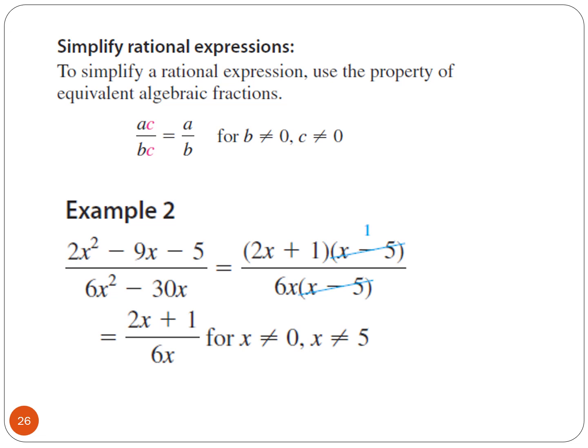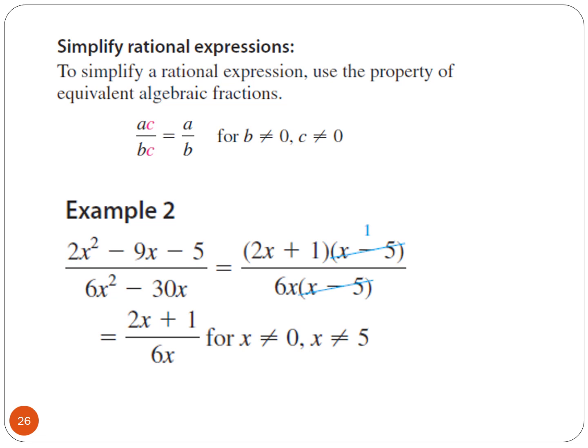After you simplify to get the equivalent form, those two restricted values remain restricted. 2x plus 1 divided by 6x is the equivalent form for the original expression. You still have x equals 0 and x equals 5 as restricted values. In this expression, x does not equal 0 and x does not equal 5.